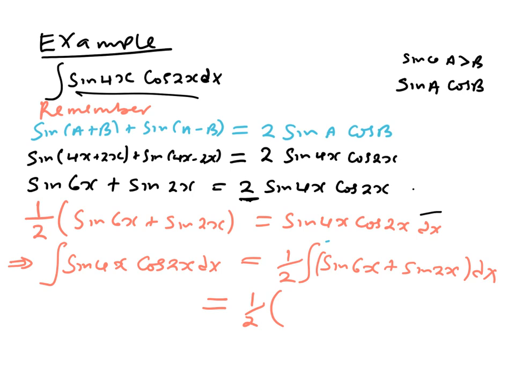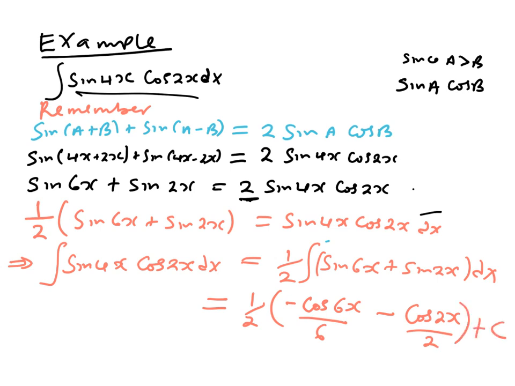I always refer to lesson 9, what we discussed yesterday. This is going to be half of negative cosine of 6x, but we differentiate the angle 6x and divide, so over 6, minus the cosine of 2x over 2, then plus a constant of integration.